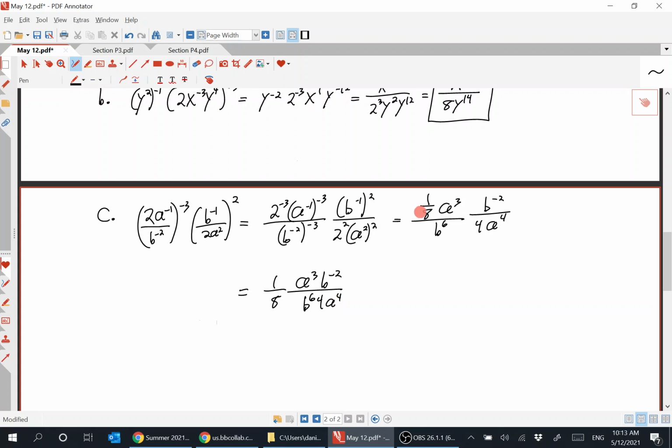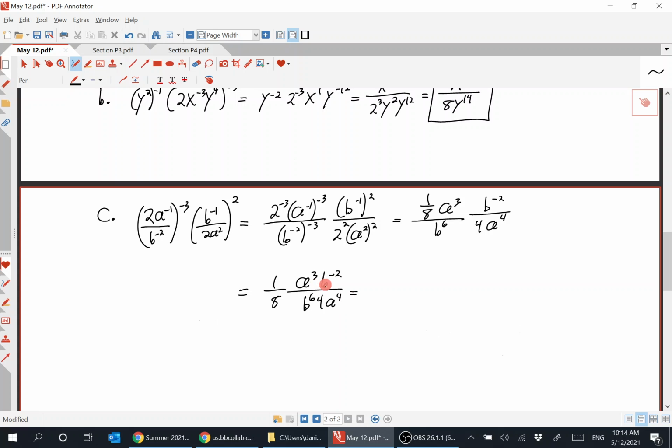When I have this fraction in the top of a fraction, if you have like 5/6 x over y, you can rewrite this as 5x over 6y. Put the denominator of the fraction down here. So that's what I'm getting at here. I want to take this 1/8 and put the 8 down there. And then I've combined these.